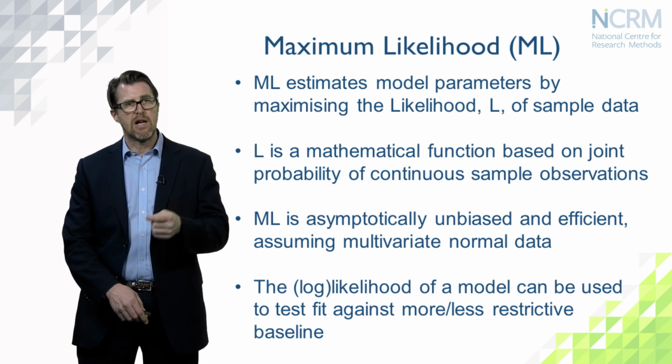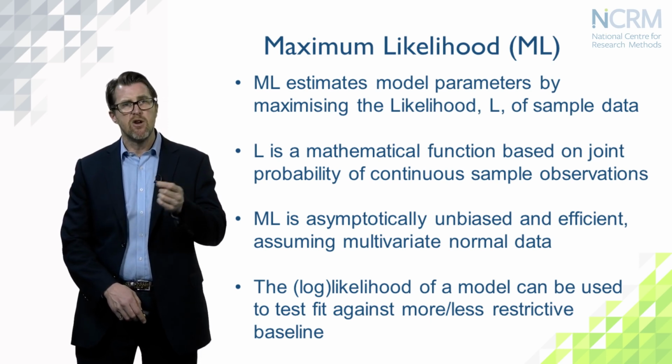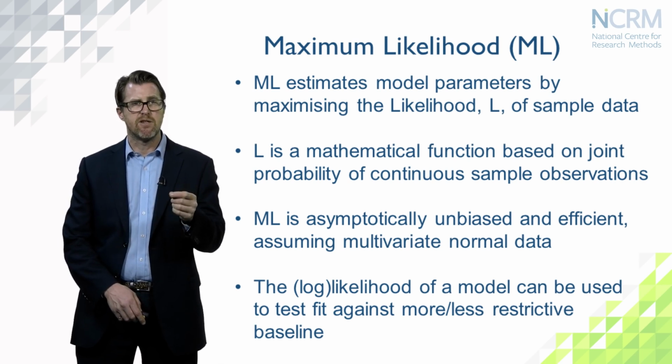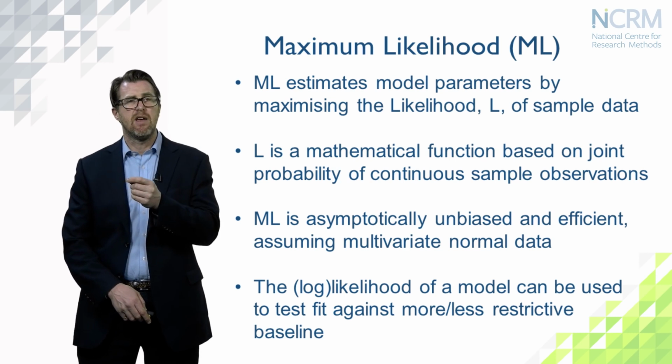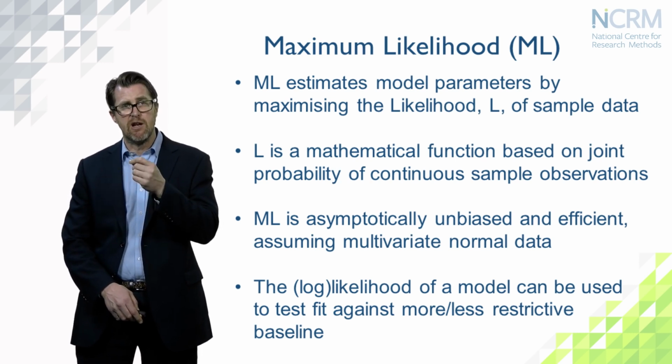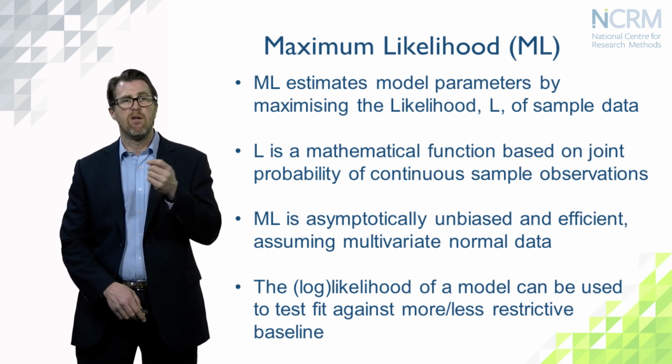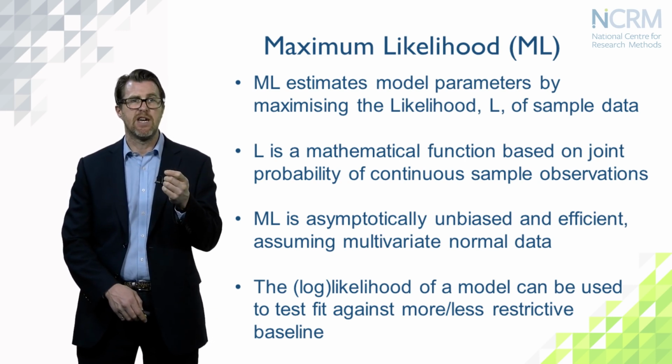So maximum likelihood is used in two ways in SEM. One is for estimation of the unknown parameters, and linked to that is use of the log likelihood to assess how well the model fits the observed data.